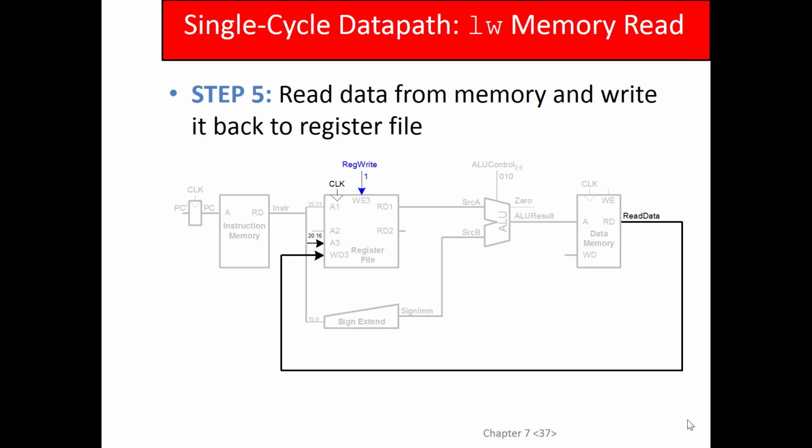Now I don't know if you remember this from 2.12, but a load instruction is an I-type, so there are really just 4 pieces in the instruction. There's an opcode that tells it what instruction it is, 6 bits. Then there are two 5-bit registers: one is the base register, and the other is the destination register.